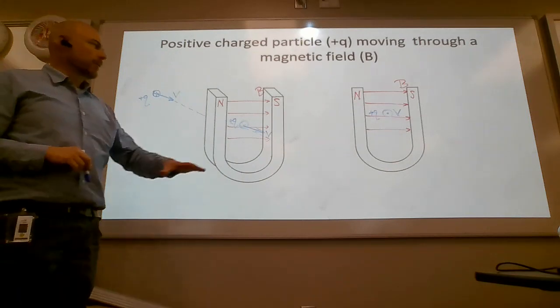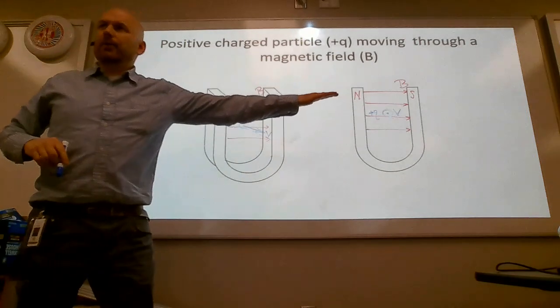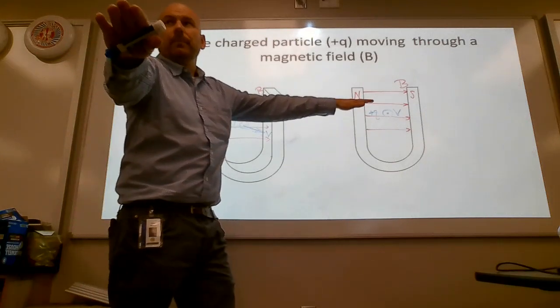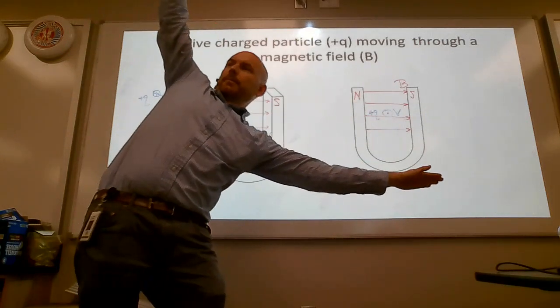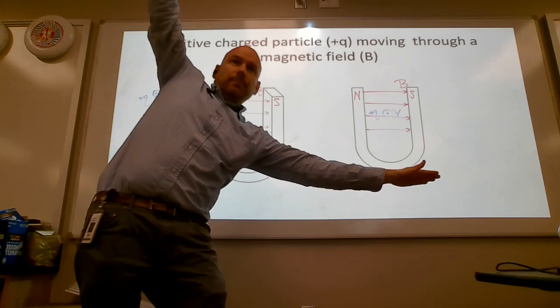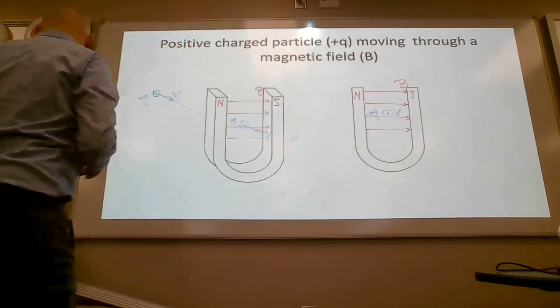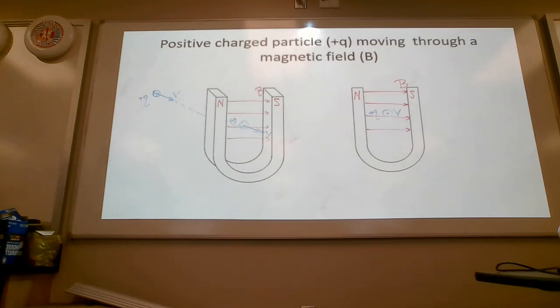So you have a magnetic field going this way, and a velocity going this way. See how these are perpendicular? That makes sense? Because of that, it's going to experience a magnetic force that is perpendicular to both the magnetic field and the velocity.